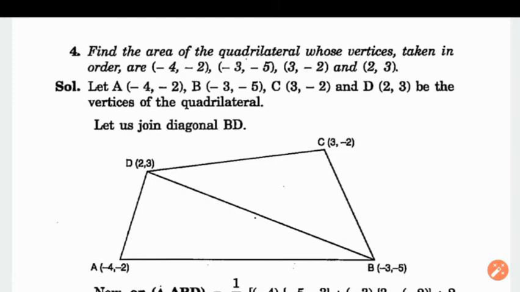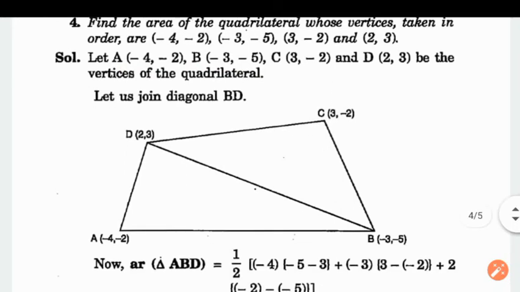Now how to find the area of the quadrilateral? We know that we can split the area of the quadrilateral into 2 parts, and those 2 parts act as triangles. So let the given points be A, B, C, D. See the figure A, B, C, D. In order to make the quadrilateral into 2 triangles, join the diagonal either BD or AC.